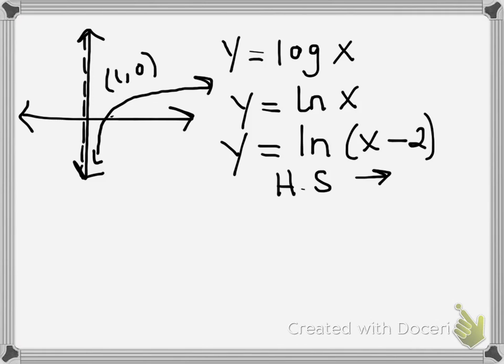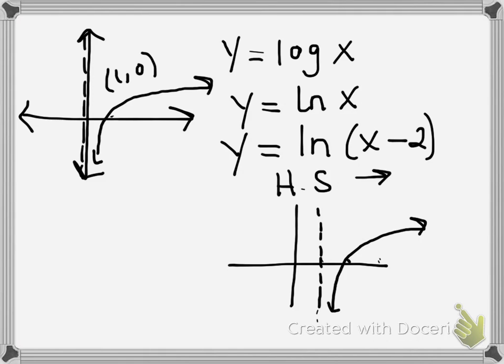So everything would move over 2 units. So this point now is here. This is here at 1. Okay? And there's my logarithm graph.